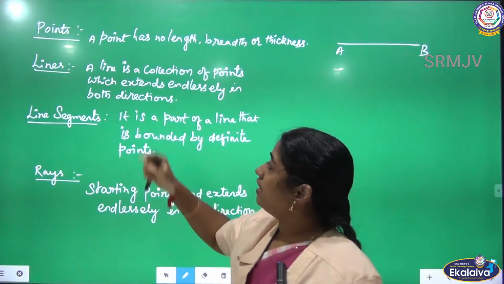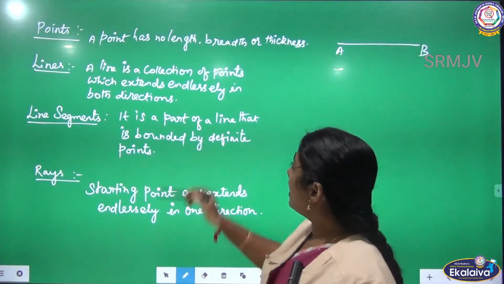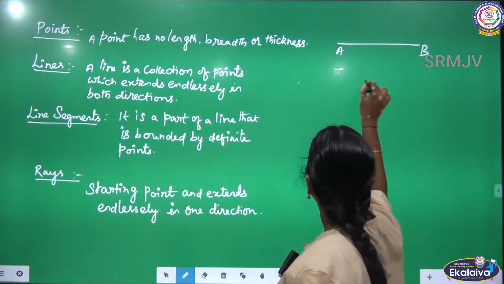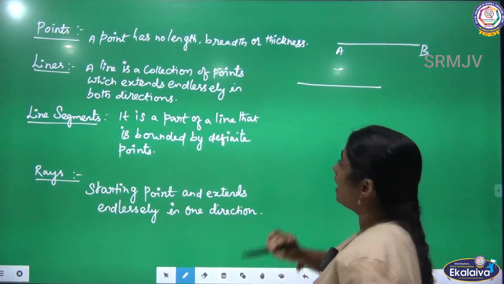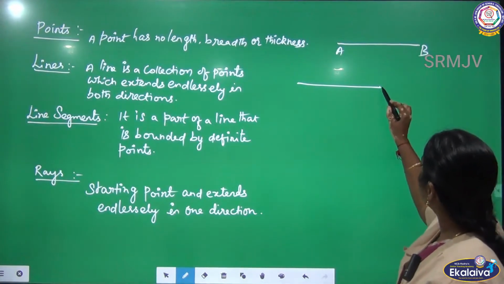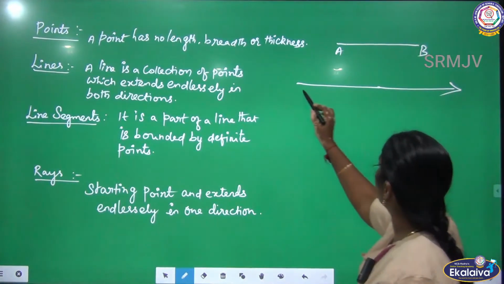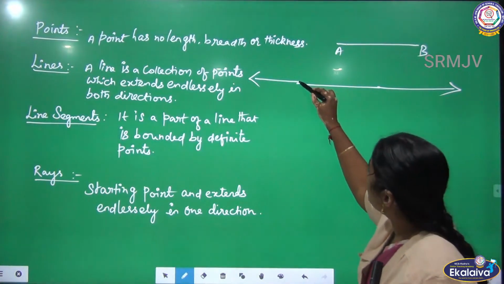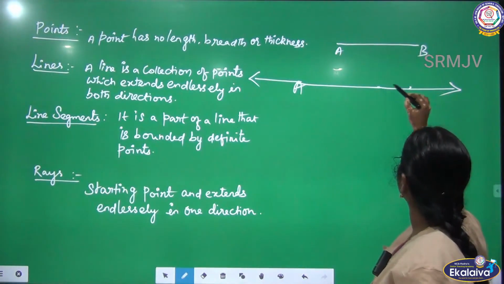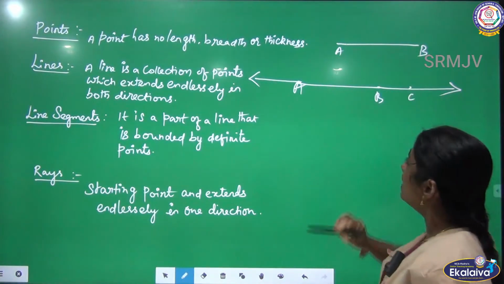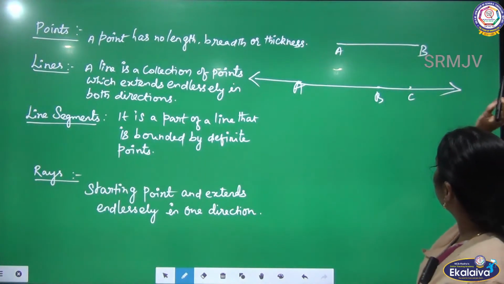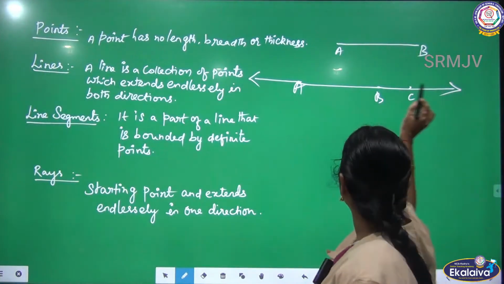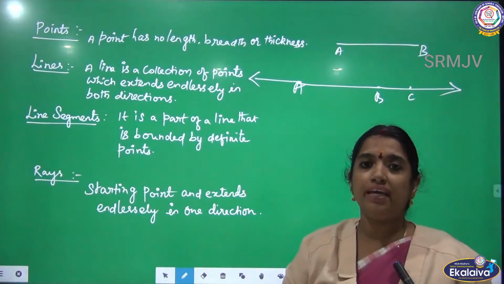Now I am moving to the line. Listen, a line is a collection of points which can extend in both directions. For example, I am keeping a dot like this and I am drawing a line like this. I can extend in this direction as well as this direction also. So this is nothing but your line. Actually your A is here and your B is here and C is here. If I keep a dot like this and it extends in both directions, the starting as well as the end direction, I can say it is a line.